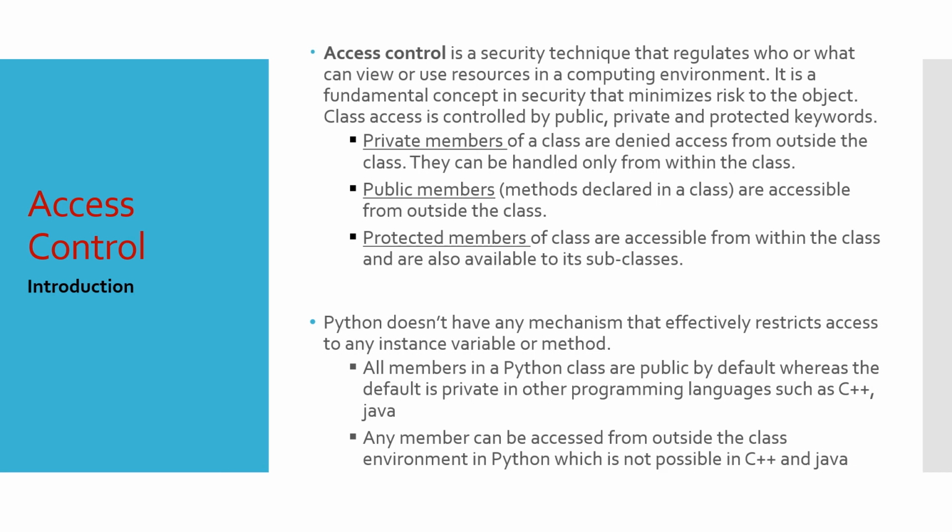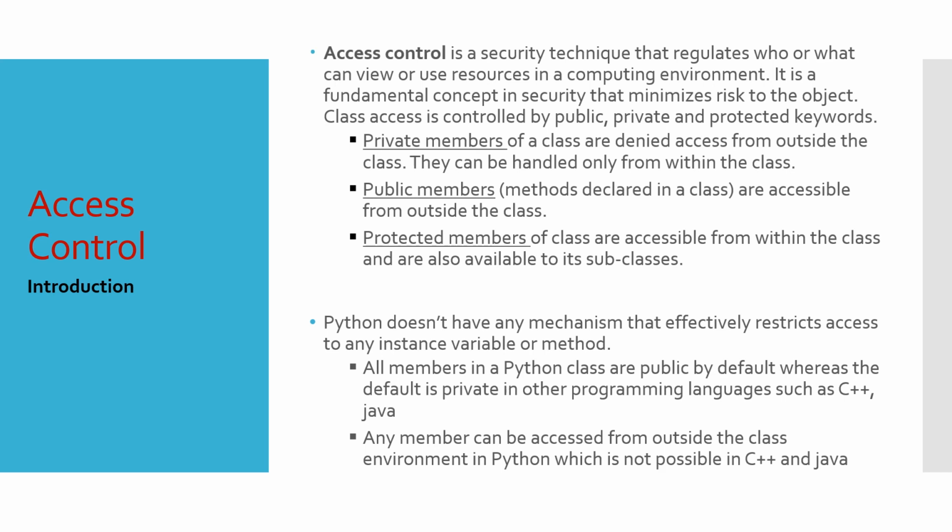Python doesn't have any mechanism that effectively restricts access to any instance variable or method. Normally in Python programming, all members in a class are public by default, whereas the default is private in other programming languages such as C++ and Java. In those languages, an explicit declaration is needed if you want to make a class public.